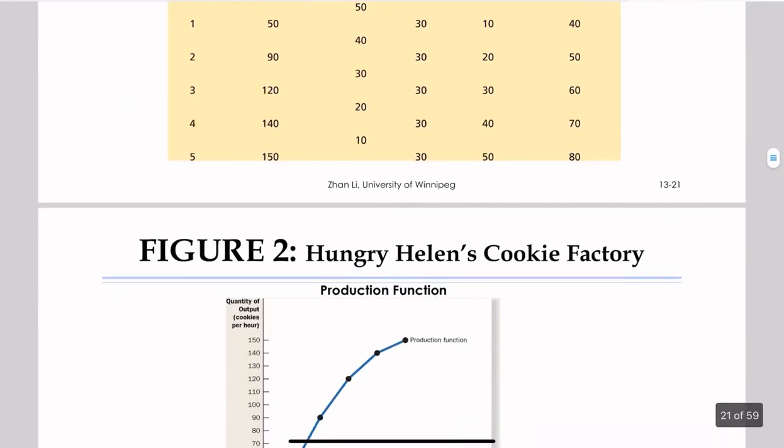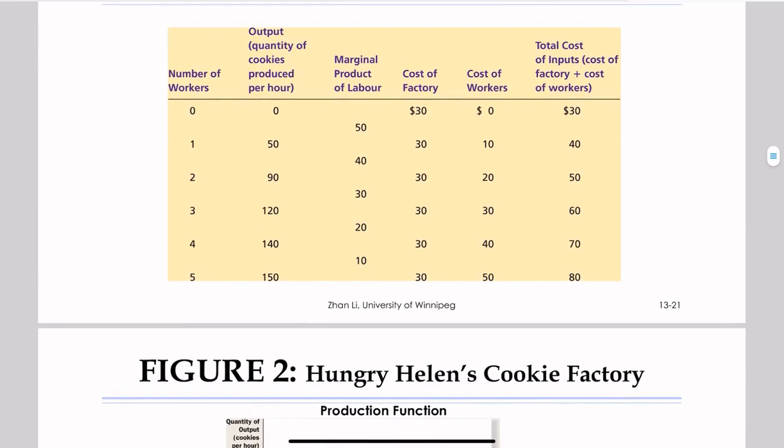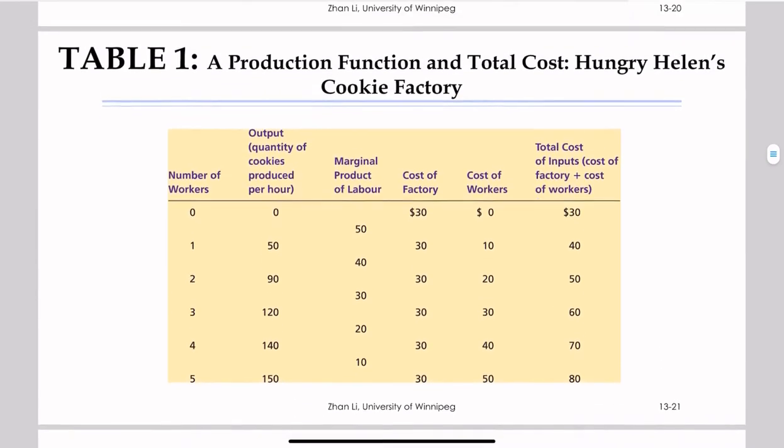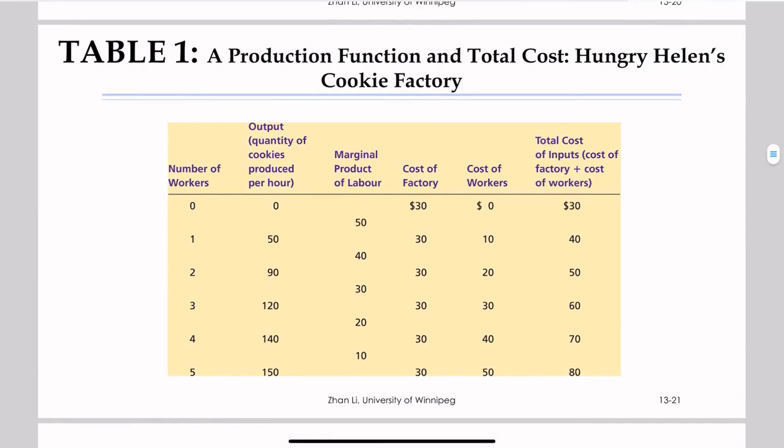So let's now see this picture here. You can see that we have a table which has everything we need. But here our focus, at least for now, would be just the first column and the second column.